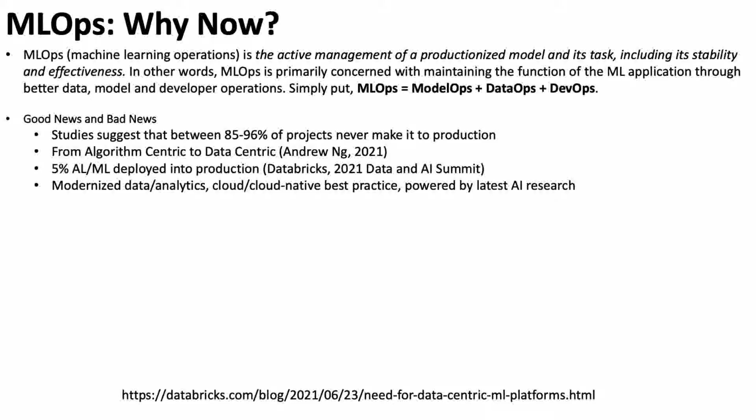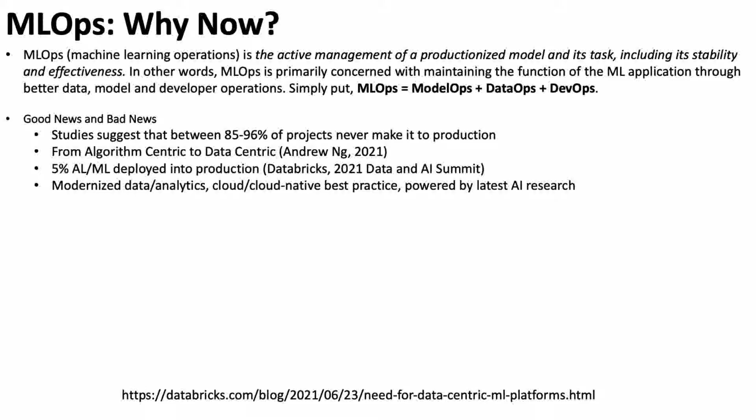Machine learning operation is really about how to maintain the functions of the application through better data, model, and development operation. Simply put, it is how to operationalize the model, how to operationalize the data, and how to operationalize the development.